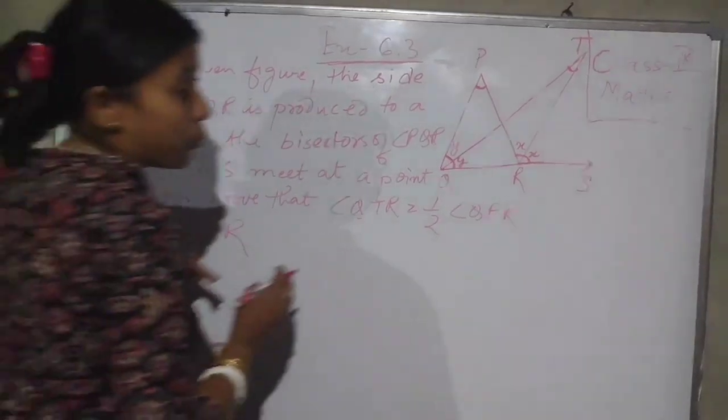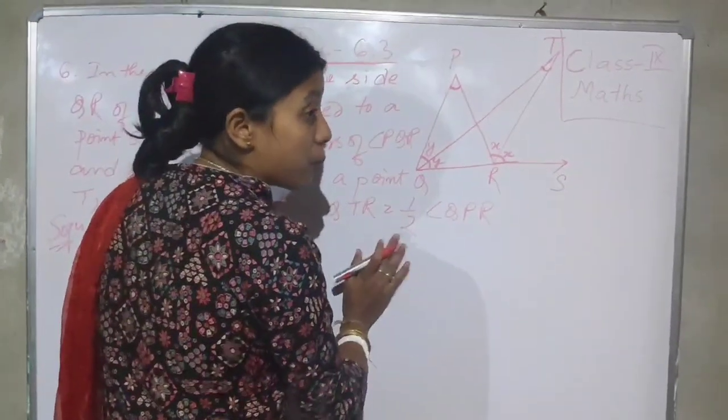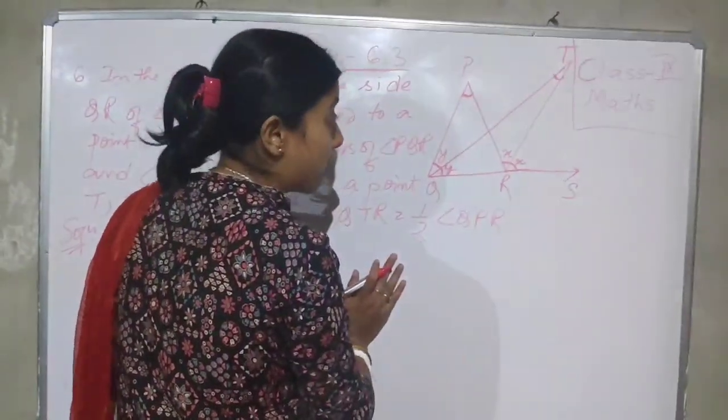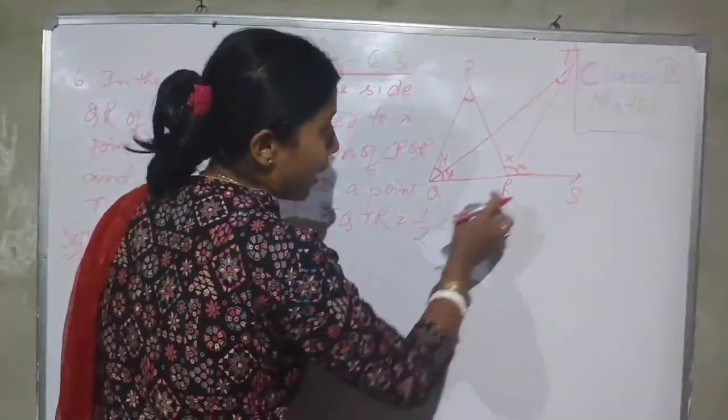What can we write in triangle QTR? We will use the exterior angle property. Remember, last theorem we have done.